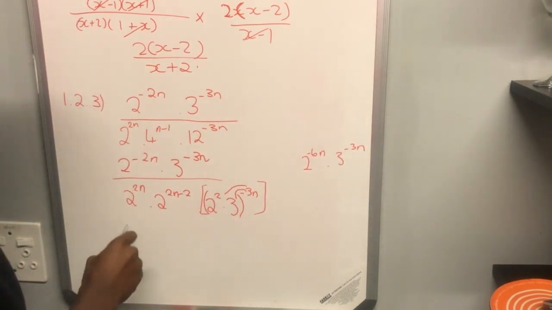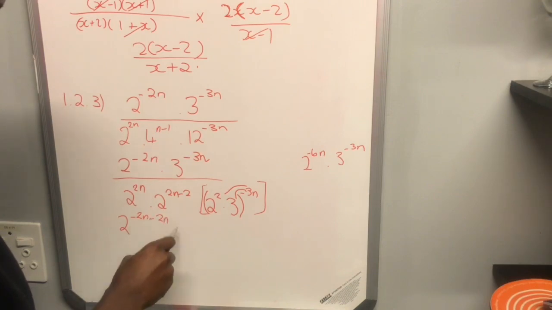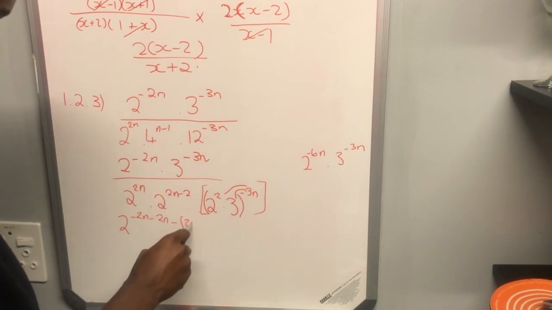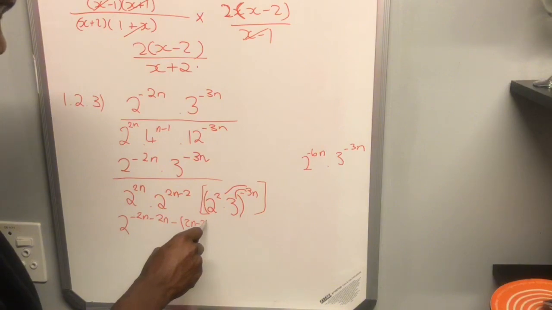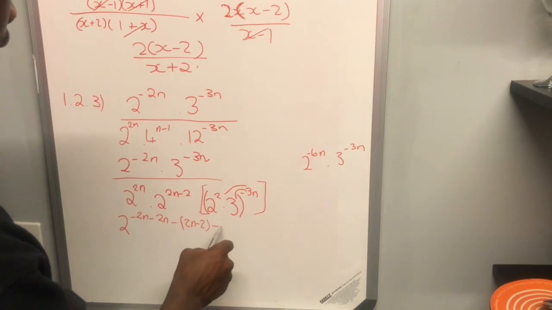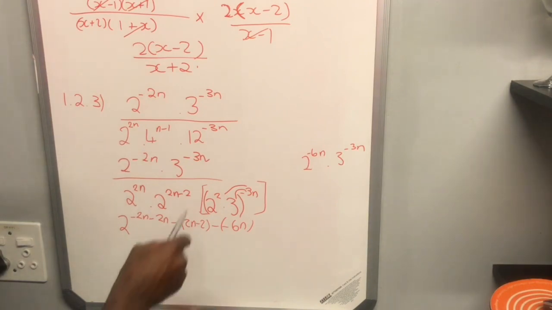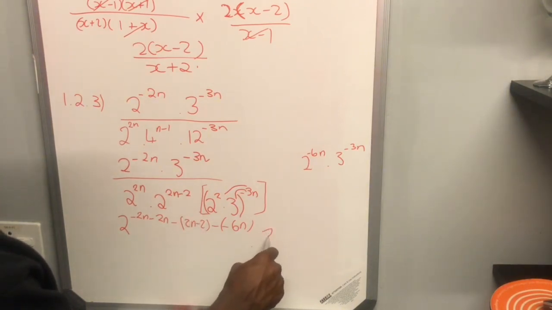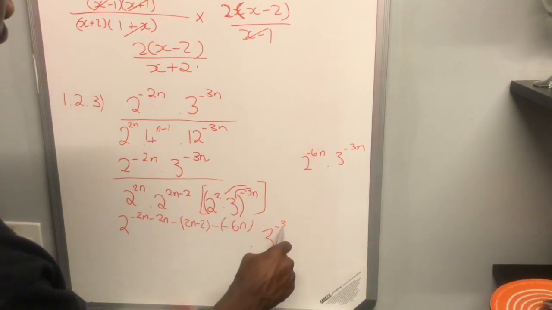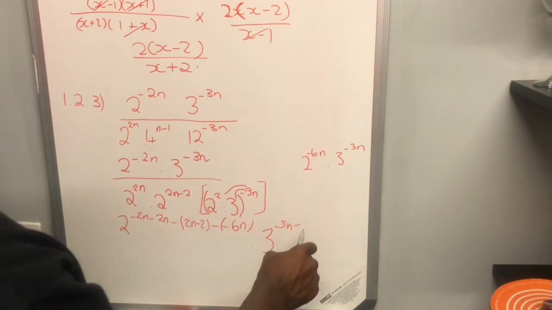So this is 2 minus 2n from down there, minus again this whole section. Can you see that? And then we have to minus this also, this whole section again, minus 6n. Then we have to do for 3, negative 3n minus this whole negative 3n.